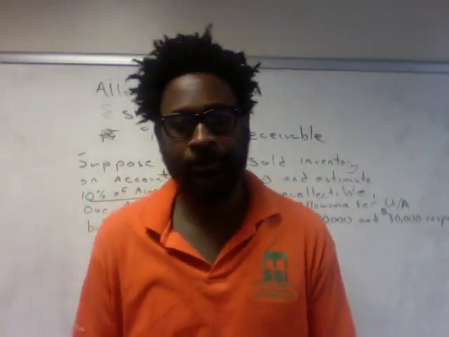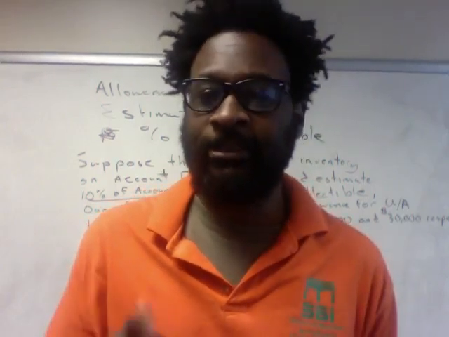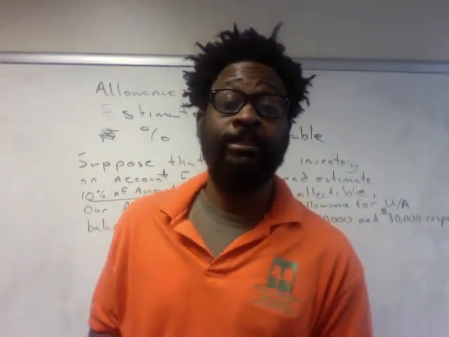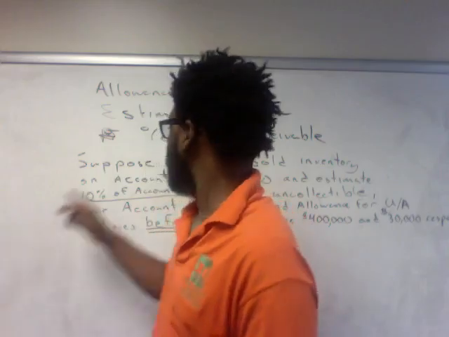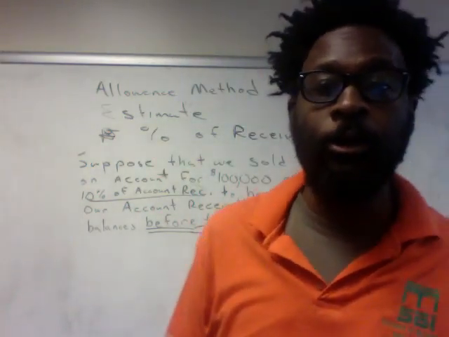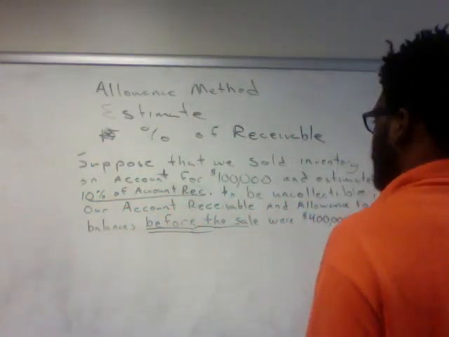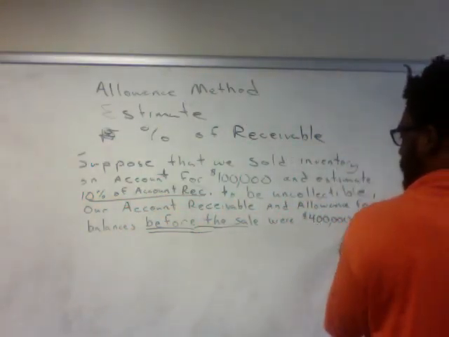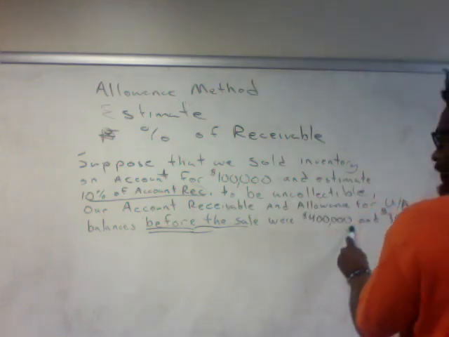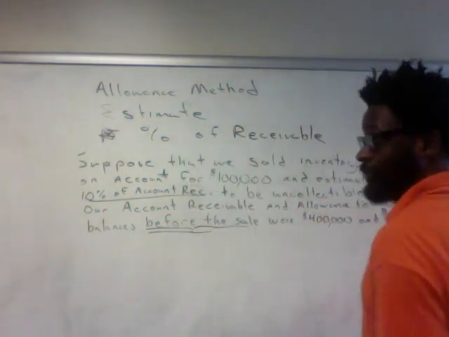So let's get to the work. Percentage of receivables means we're going to take 10% and multiply it times what? Accounts receivable. First we need to find out what we're going to multiply the 10% by. The accounts receivable balance was $400,000 before the sale of $100,000 on account.